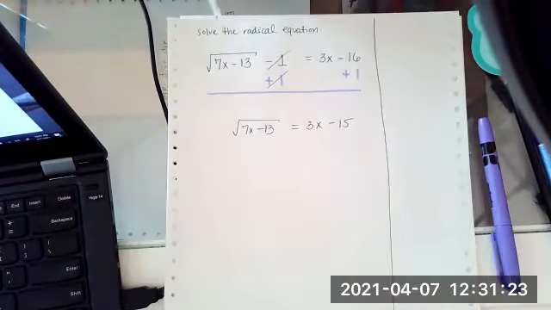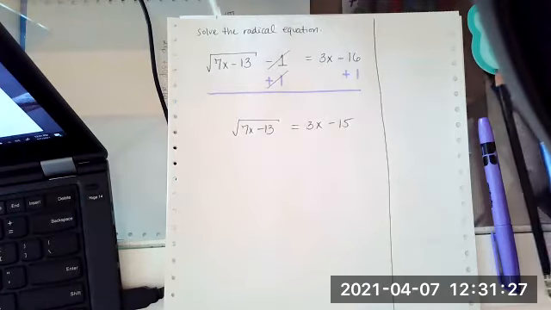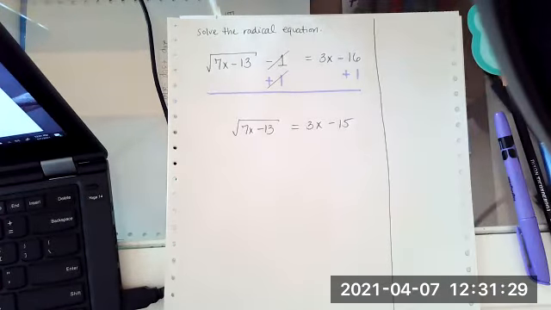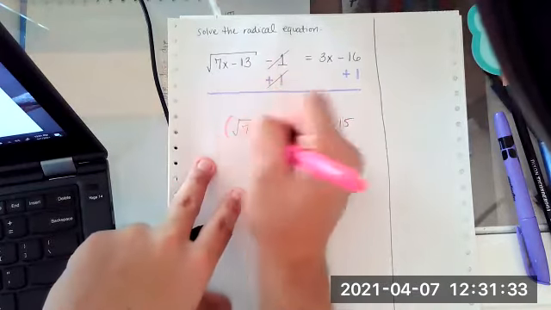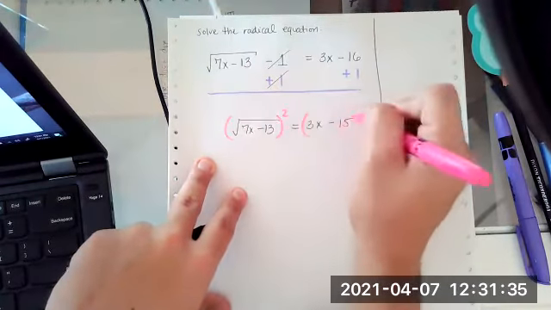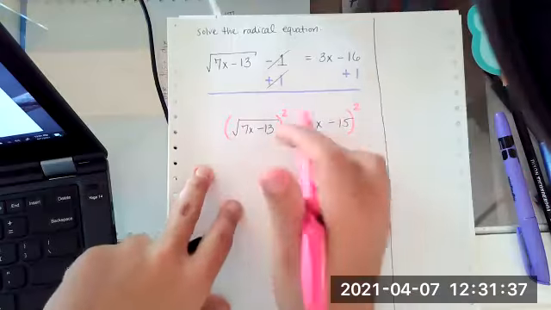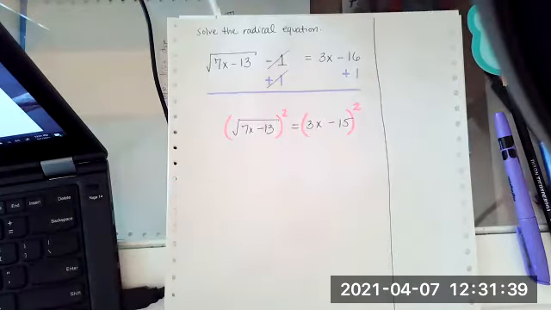Okay, and then what was the next step after that? Cancel the root. Yeah. And we canceled the root by acknowledging that we can raise both sides of the equation to the second power, and that'll cancel the root on the left-hand side.